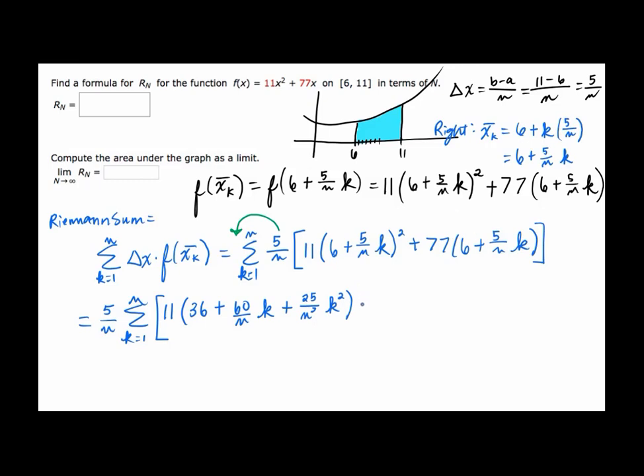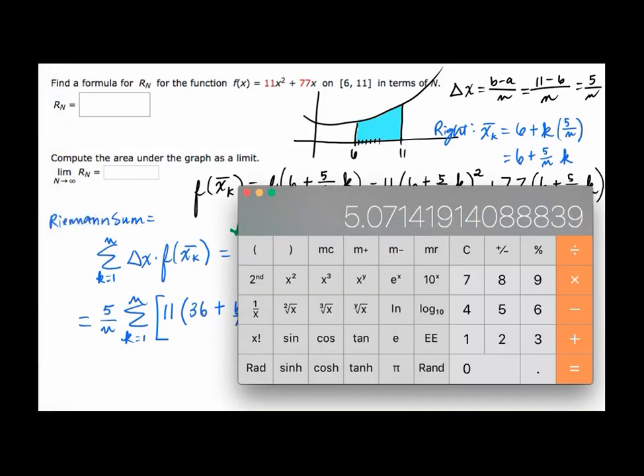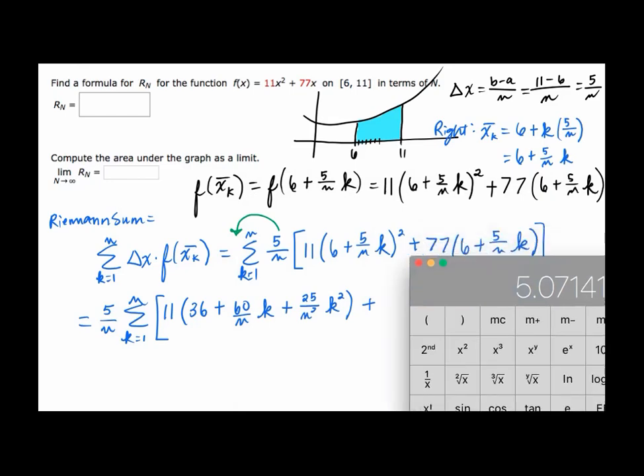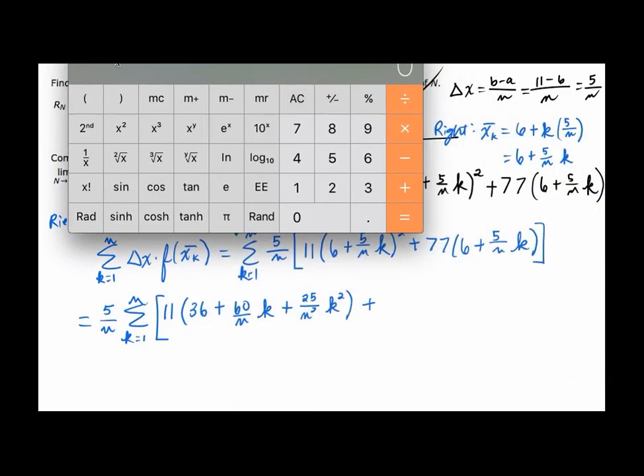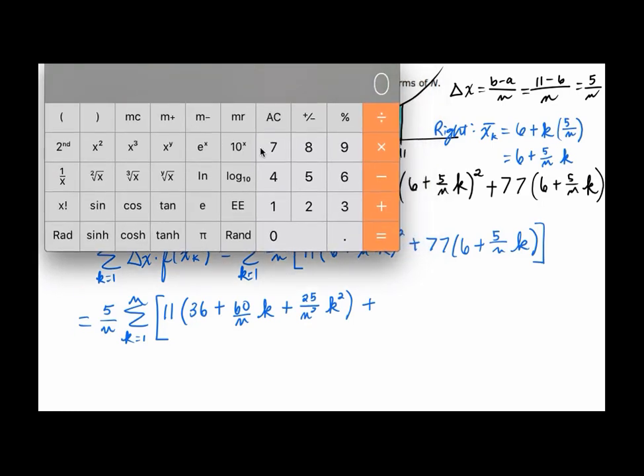This one we can go ahead and distribute the 77. You're definitely going to need a calculator for parts of this problem. So let's do 77 times 6 up here. We're going to get 462.